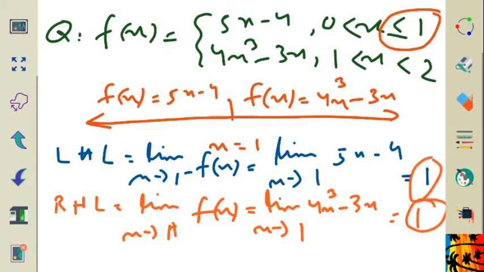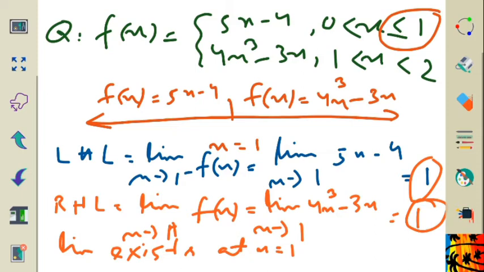Now can you see LHL is equal to RHL, hence limit exists at x equals 1. So this is how we test for LHL and RHL and simply say limit exists or not.